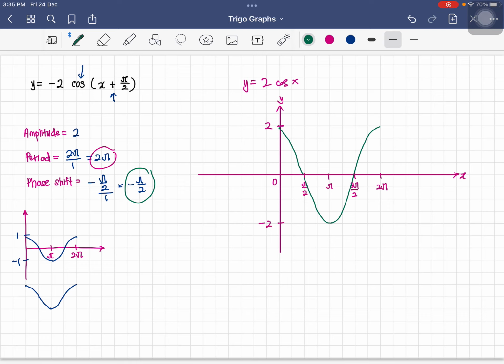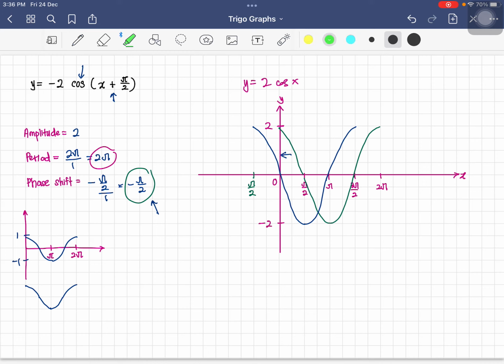That means you have to shift this graph to the left by pi over 2 units. So now my graph will be shifted something like this. This is my graph. It's now shifted. Because the phase shift here is negative, it will be shifted to the left by pi over 2 units.